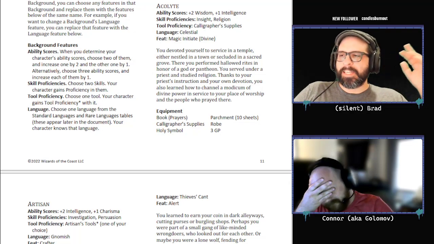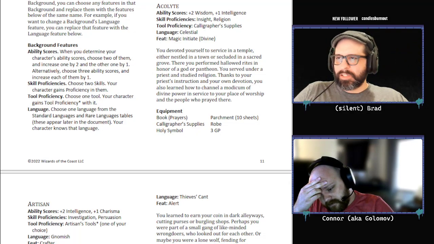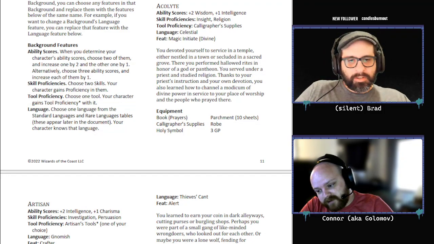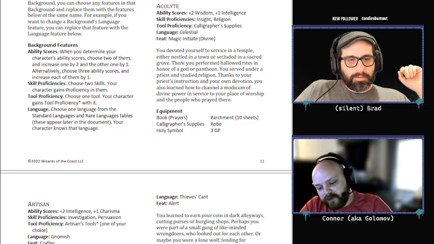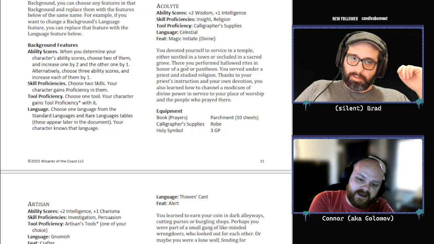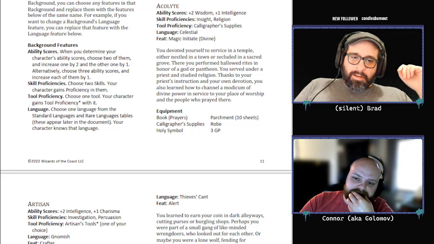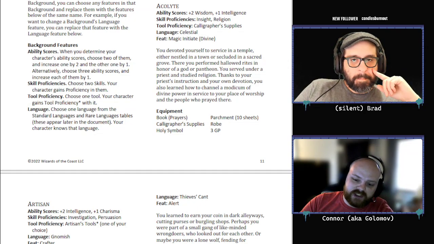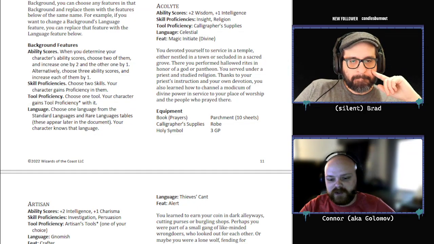Tool proficiency is calligrapher's supplies. I would make the argument that religion should be Wisdom, primarily because a lot of religion is stories passed down. I would consider book learning intelligence. Stories and experience passed down is wisdom.